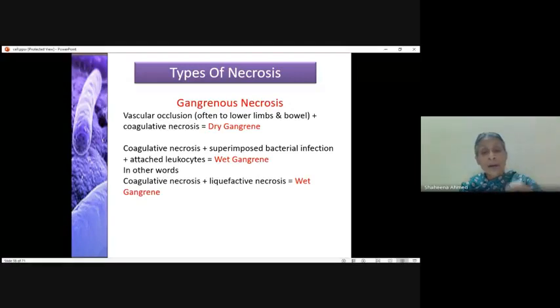Because bacteria are not essentially involved in dry gangrene, usually dry gangrenes do not have a bad smell. But the wet gangrene definitely has a very bad smell. And gas gangrene is when there is a penetrating injury and anaerobic microorganisms are involved in a wet gangrene. That wet gangrene then turns into a gas gangrene, because anaerobic microorganisms, when they cause reactions, produce gas apart from iron sulfide, putrefying debris, and the other inflammatory exudate.